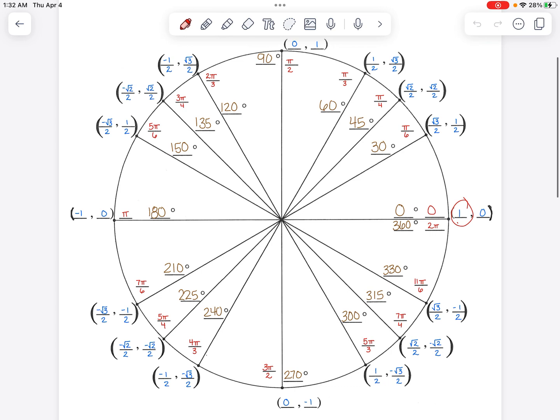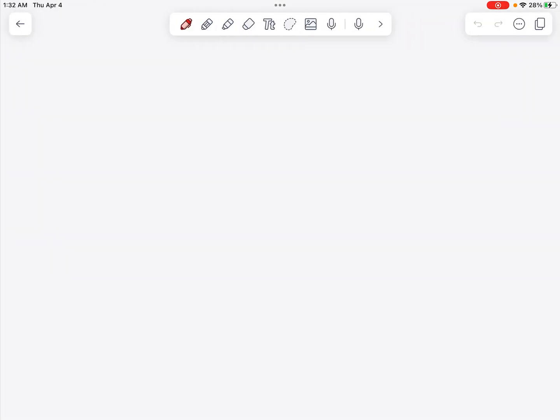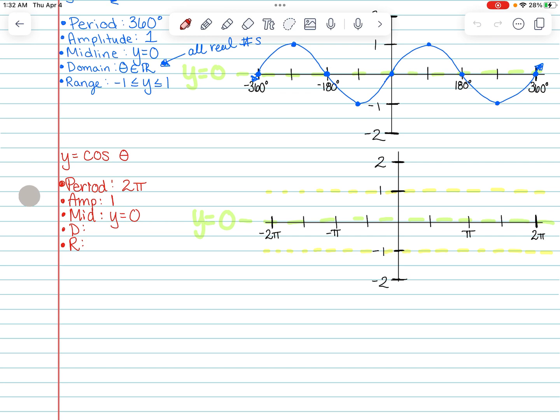Now, sine started at 0 because sine of 0 degrees was 0, but cosine of 0 degrees is 1. So cosine starts at its maximum. So cosine starts here. Once you hit the maximum, the only location to go is downwards.